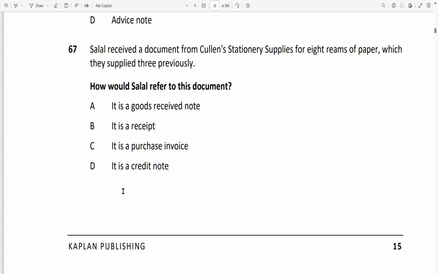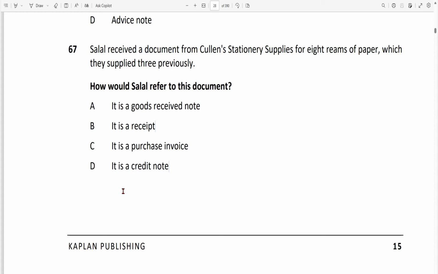So when Salal has received these goods, they issue a goods receipt note, and it's an internal document. In the goods receipt note, they note down the quantity and condition of the goods received. But in our case, Salal is receiving a document from the supplier, Kulin Stationery, not issuing a note. So this is not a correct option.